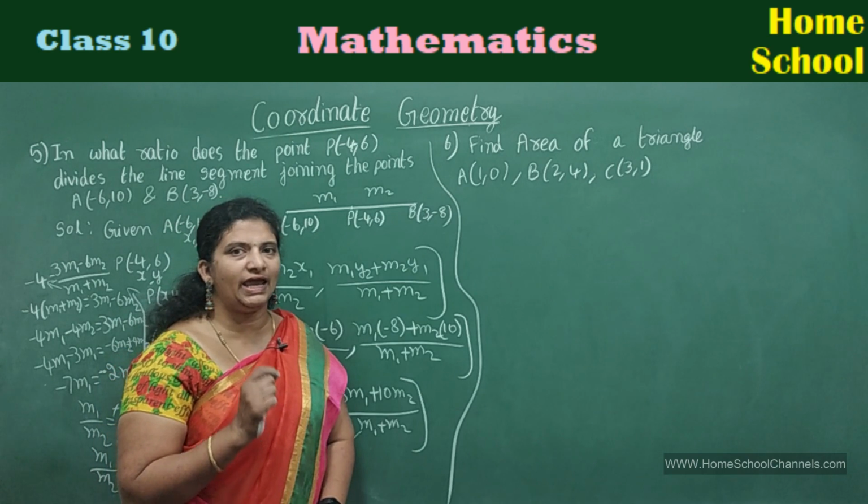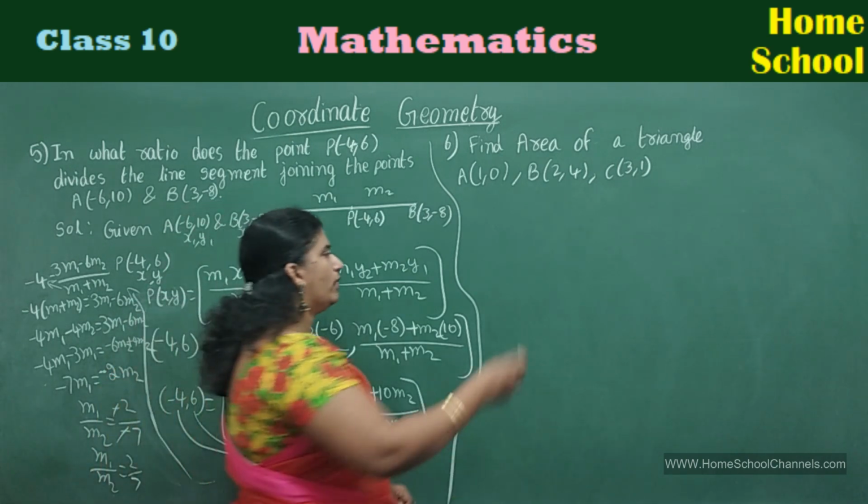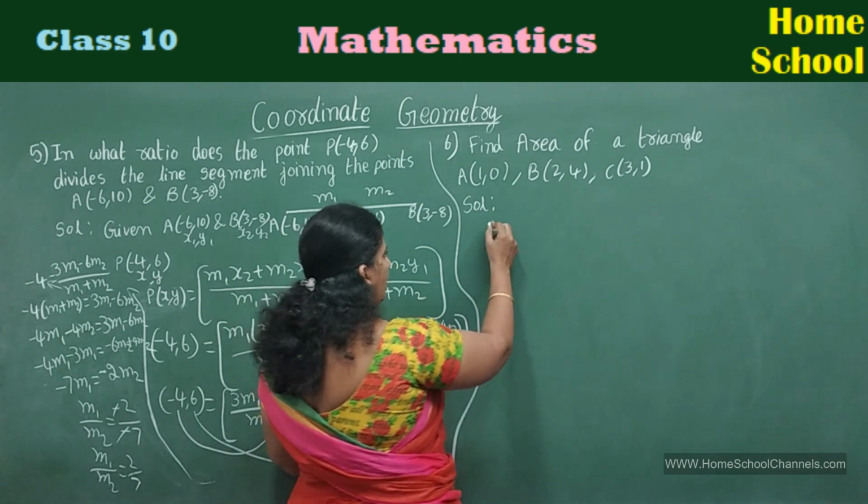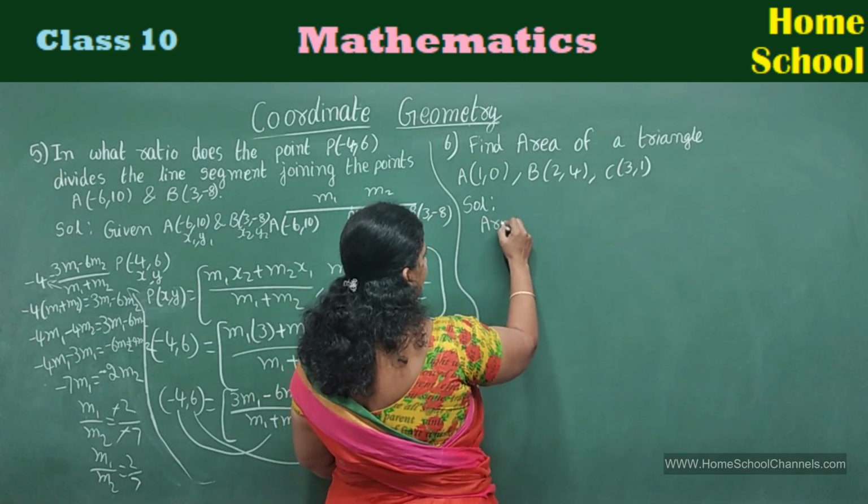We need to find area of a triangle. What is the formula? Do you remember the formula? Or let me say it easily.